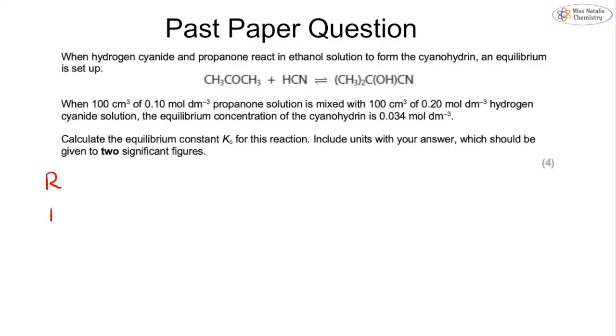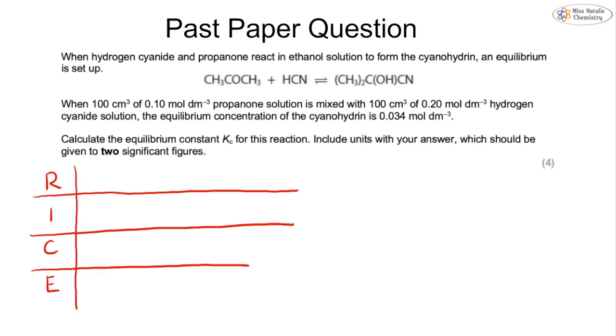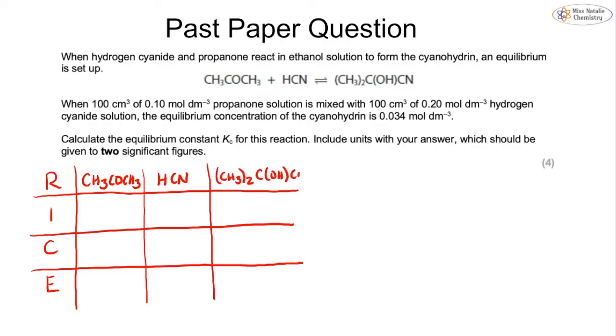So again, I'm going to put my Rice table, because I want to show the examiner all of the knowledge and I know where each of these is coming from. So I have my propanone, I have my HCN, and then I have my cyanohydrin. So I'm told that my concentrations this time that I'm going to use are 0.1, 0.2, and of course their product has to be 0.